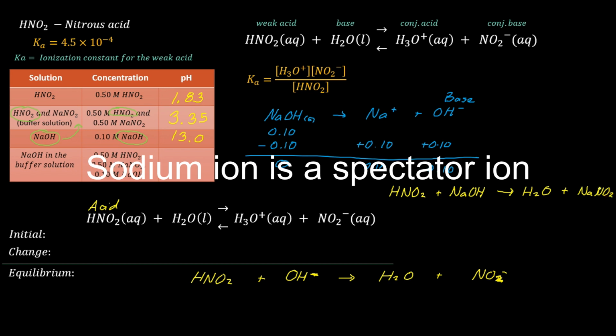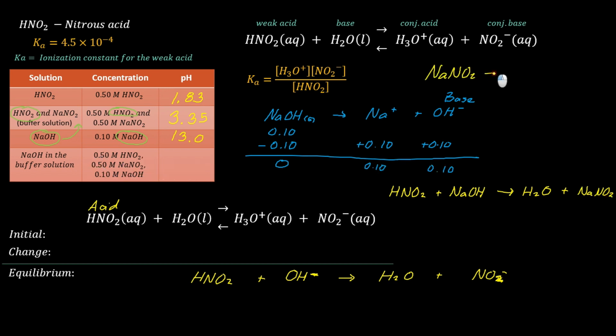What will happen is, once you form the salt, just like before, sodium nitrite is a soluble salt. It will produce sodium and nitrite. Okay, so we will use this. So at the start, we have 0.5 mole per liter of the nitrous acid. And then we have 0.1 of sodium hydroxide.